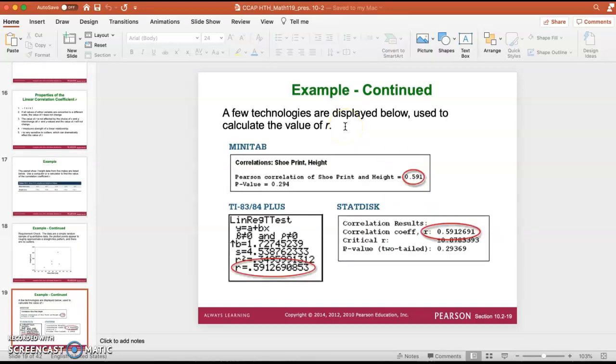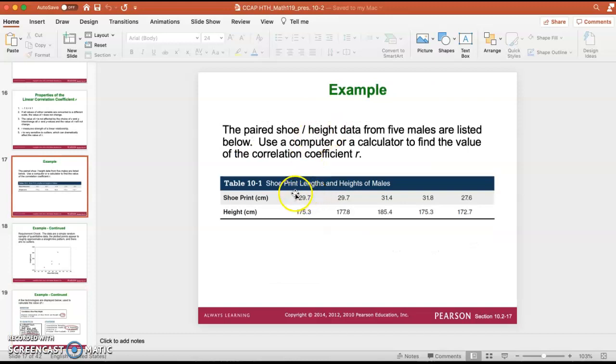Now, there are some other technologies you can use, of course, plenty out there to find these correlation coefficients. I'm going to show you how to use the Statsmatic applets to find it. Basically what I would do is take these data values and plug them into one of the applets.